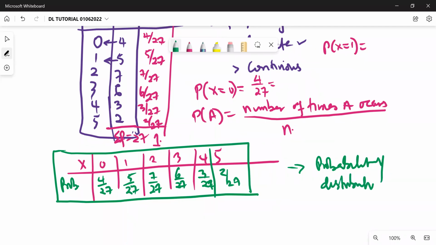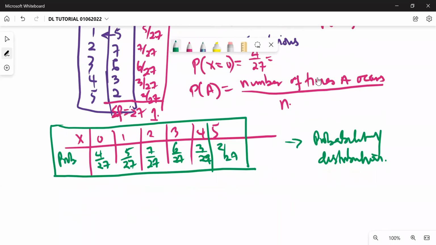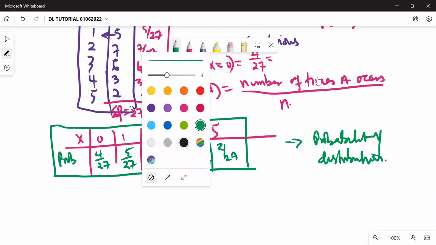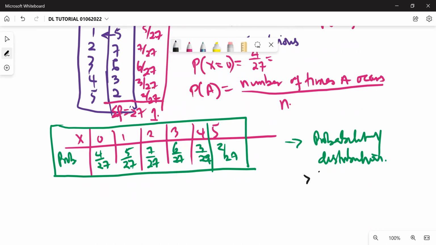And as mentioned in the class notes, probability distributions are either continuous or discrete. So we have either discrete or continuous. And a discrete probability distribution is a distribution where the value of X is a discrete variable.